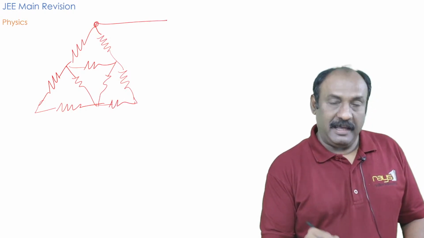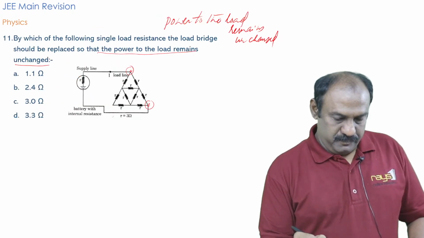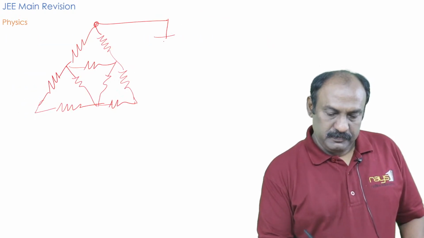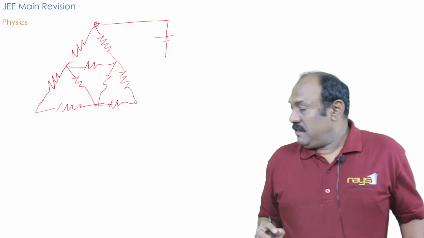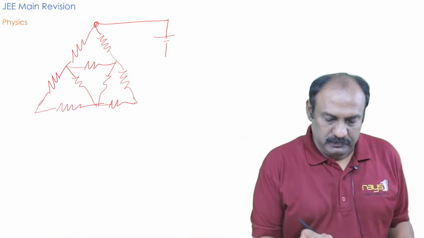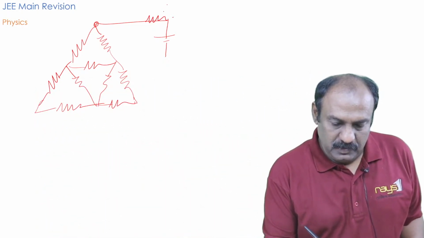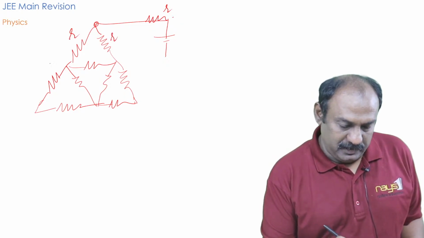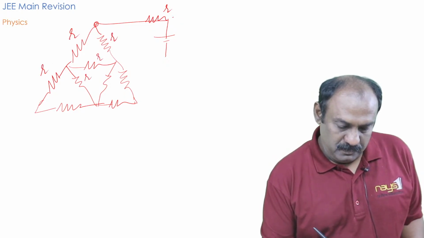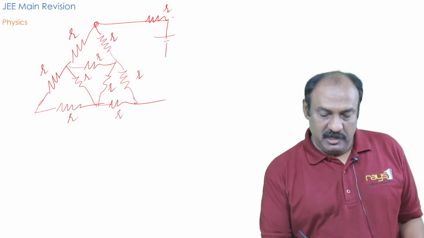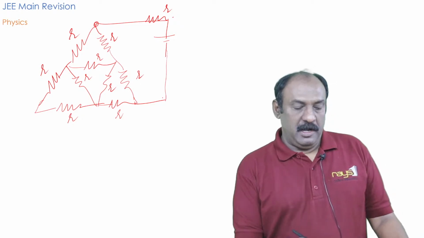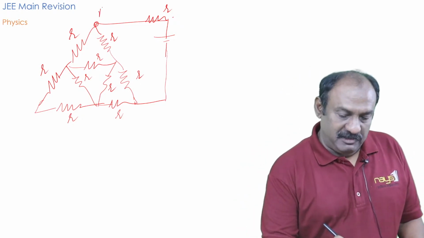This is the cell. All the values are small r, connected in the circuit in between these 2 points. So I am going to calculate the effective resistance between A and B.